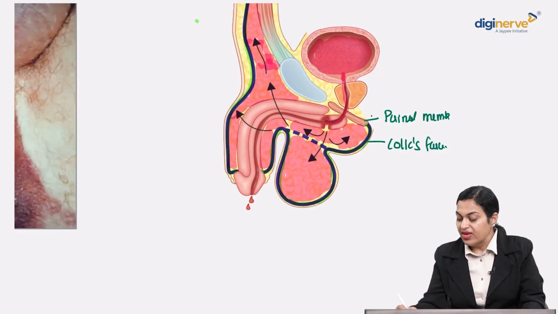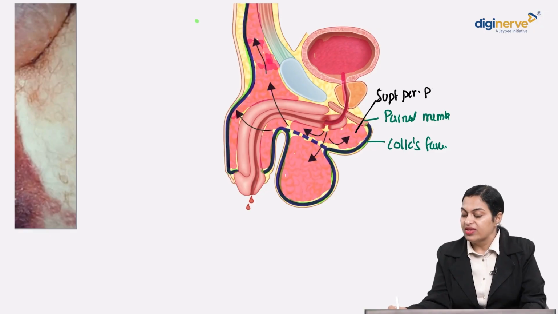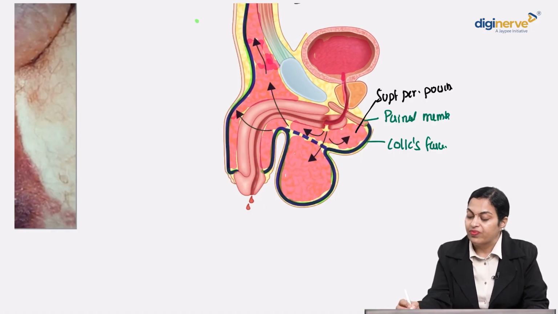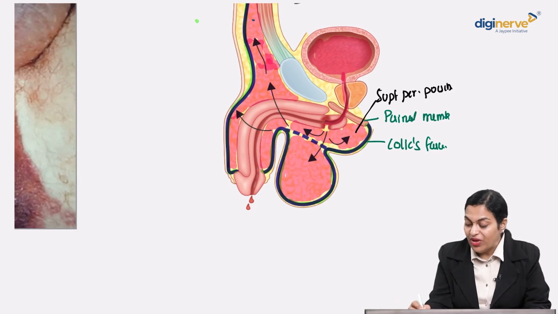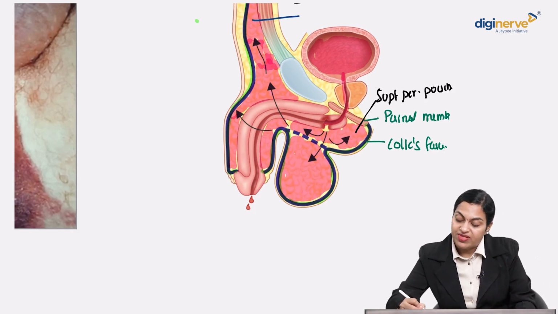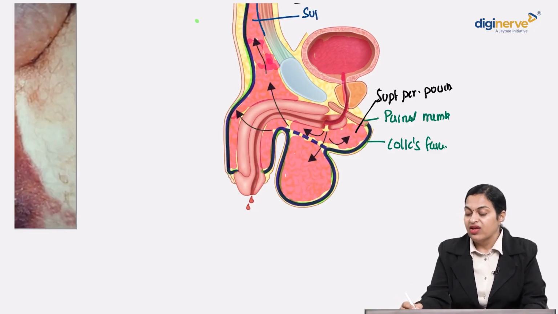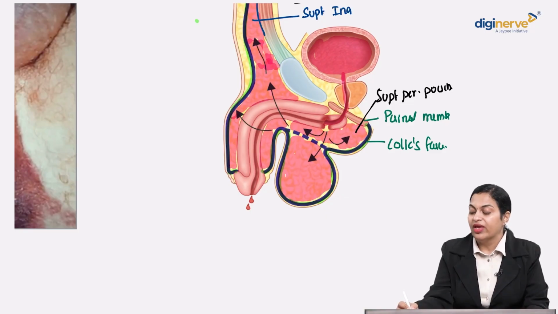This space is the superficial perineal pouch. And this is the external oblique muscle. The space between the external oblique muscle beneath and the overlying Scarpa's fascia is called the superficial inguinal space.